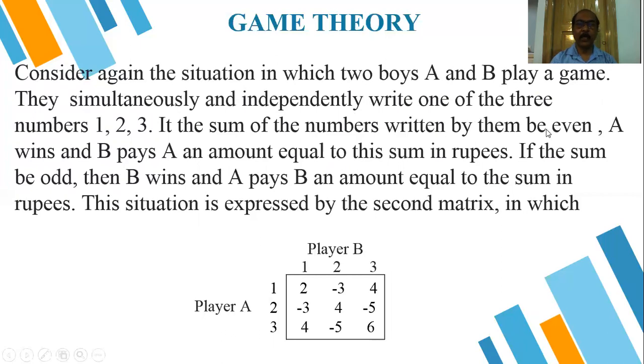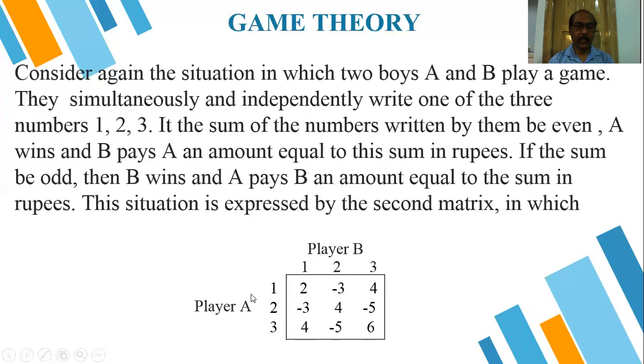If it is even, then A wins and B pays A an amount equal to the sum of the 2 numbers. If the sum is odd, then B wins and A pays B an amount equal to the sum in rupees. This situation is expressed in the matrix.